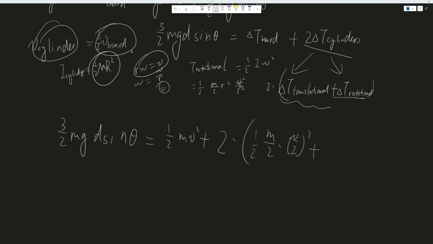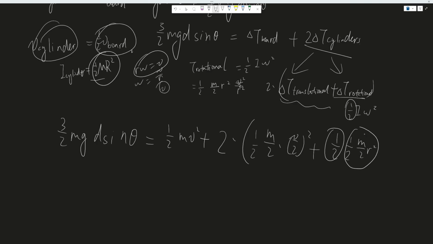And what about the rotational energy? Then the rotational energy should be half times I. We have I as half mr squared, but here m is m/2, so it's half. So this is half I omega squared. So this half corresponds to this half, and then I should be half times m/2 times r squared.